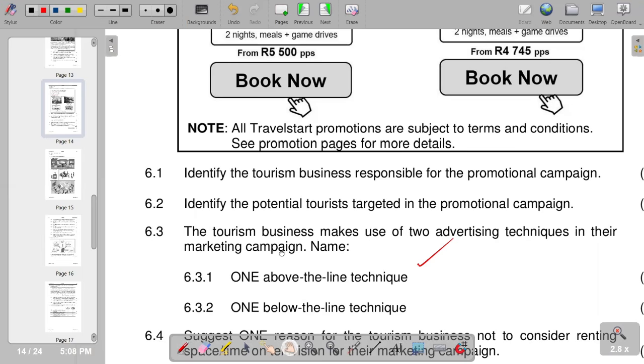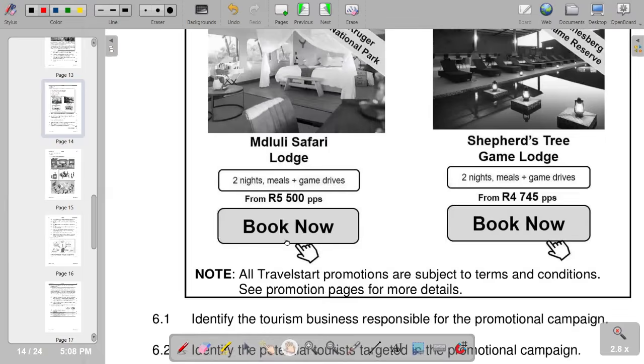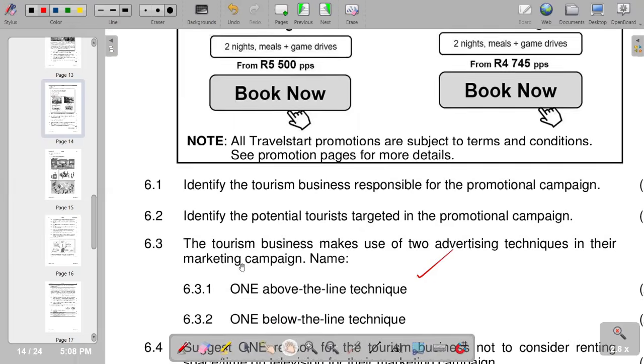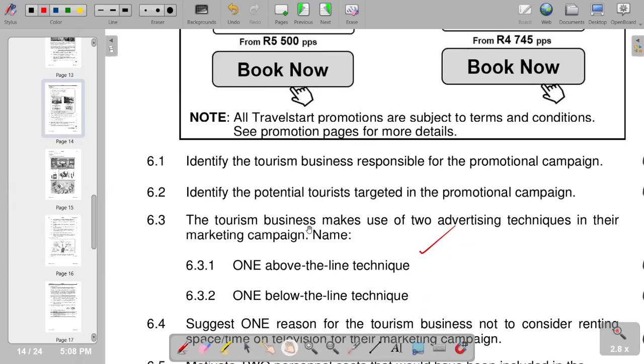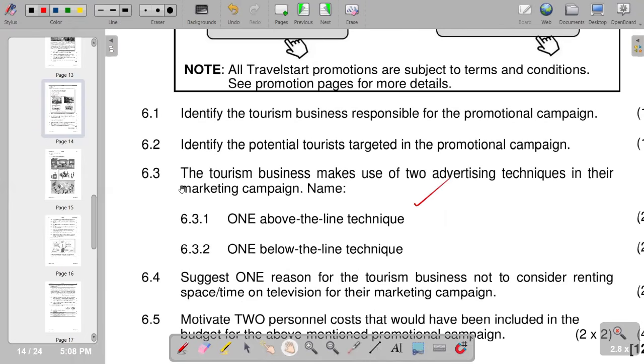So we go to our information and see the context of what we are given. The question reads that the tourism business makes use of two advertising techniques in their marketing campaign, name one above the line. This is from your own knowledge, so we can include email as part of the above the line technique.